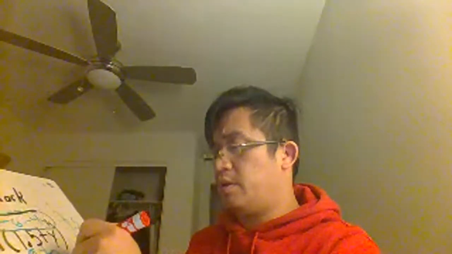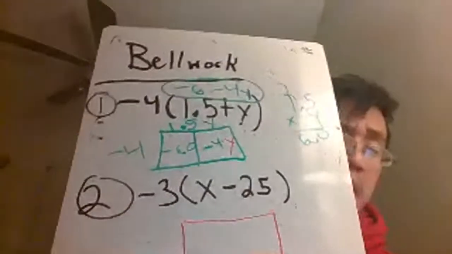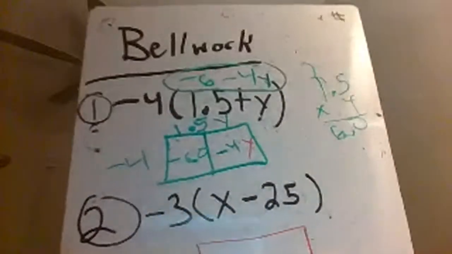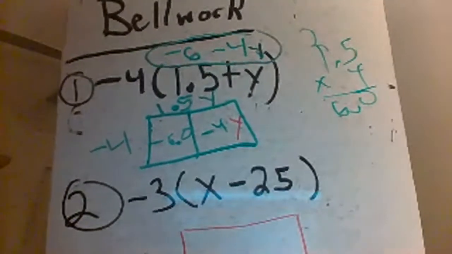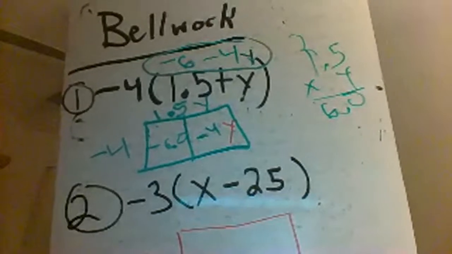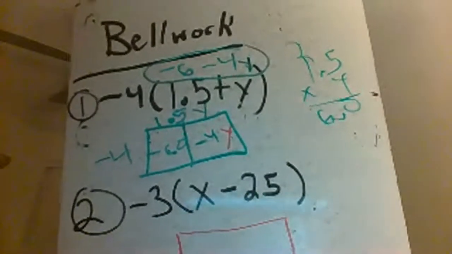Oh, I'm sorry, that's just my handwriting. That's a -4y. That 4 should be a y, because -4 times y, you put them together, gets you -4y.